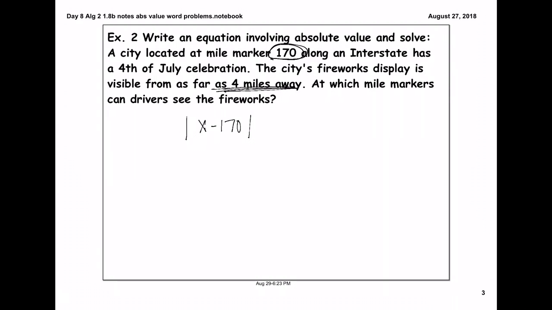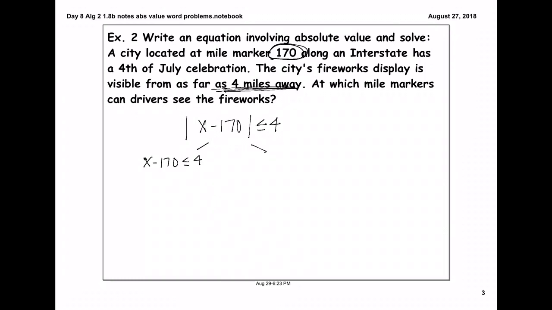And it says that they can see them as far as 4 miles away. So we want less than or equal to 4 miles. We then are going to solve this absolute value inequality by splitting it into 2. So we have x minus 170 is less than or equal to 4.